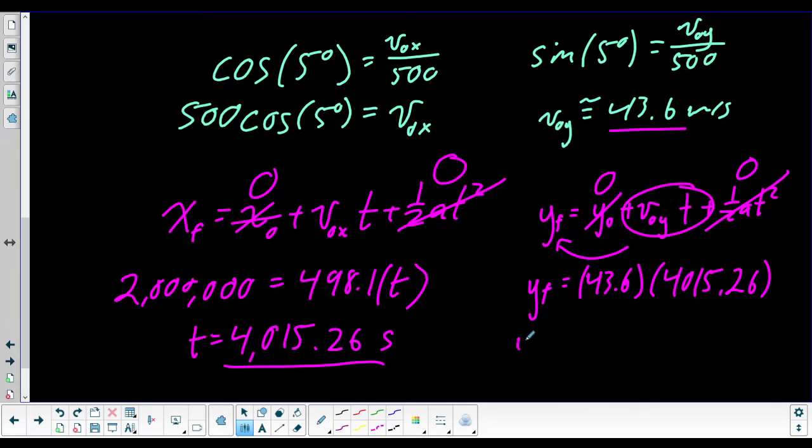And we get y final equals 175 meters. So just 150 kilometers away. That's about from Phoenix to Flagstaff. Not that far. They'll be fine. I'm sure they'll find us. Don't worry, your life's not in danger.